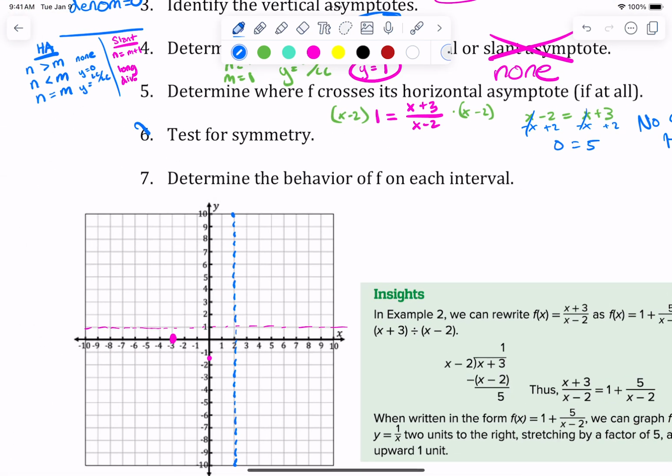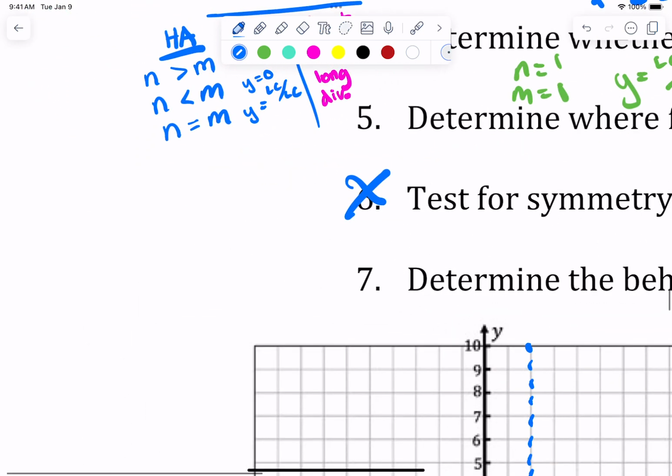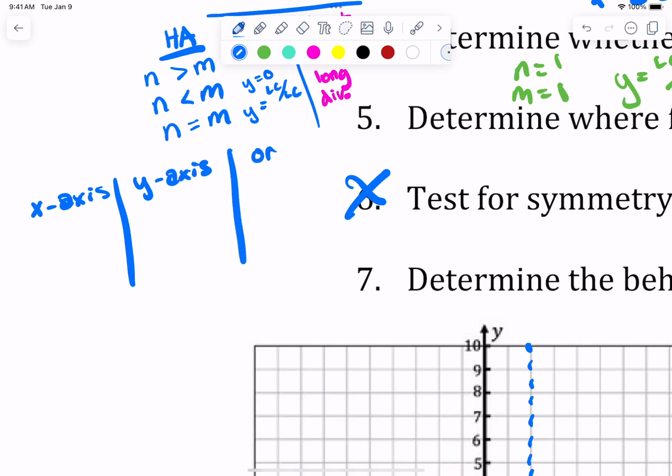Okay, test for symmetry. I don't want to test for symmetry, but do you remember how? Vertical line test? Not necessarily, because we're trying to graph it, so we can't do the vertical line test if we don't have the graph already. Testing for symmetry was: is it symmetric with respect to the x-axis, the y-axis, or the origin? What do we plug in for x-axis symmetry?